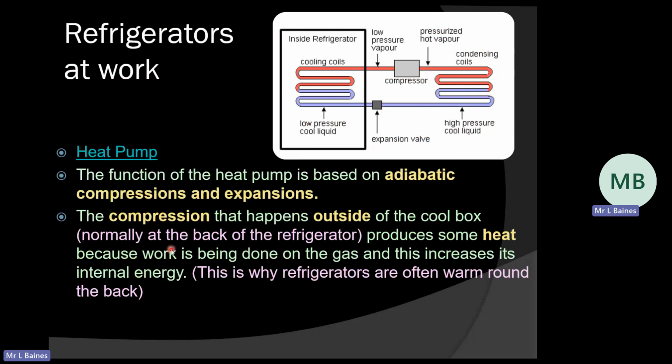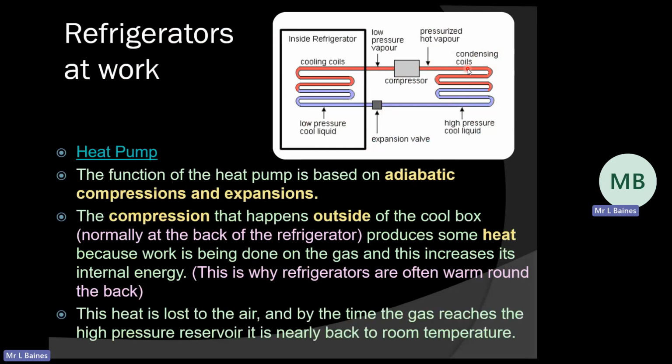Now, if you feel around the back of your fridge, it often feels warm. When I do work on this gas, it's hot, and the idea of it running through the coils at the back of your fridge is that it loses that heat energy to the atmosphere. So it gets hot after the compressor, then it travels round those coils and cools down to room temperature.